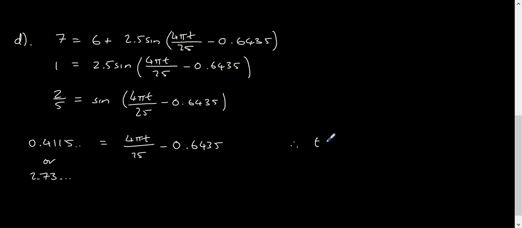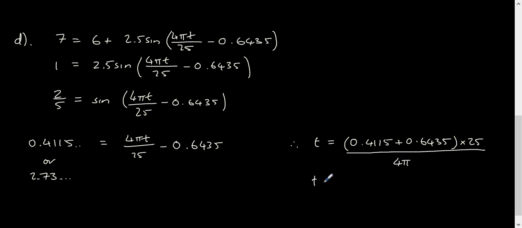And then it's about solving for t for both of these. So t is going to be 0.4115 plus 0.6435, multiplied by 25 and then divided by 4 pi, just like we did before. So if we do that on the calculator, we get 2.09 hours.